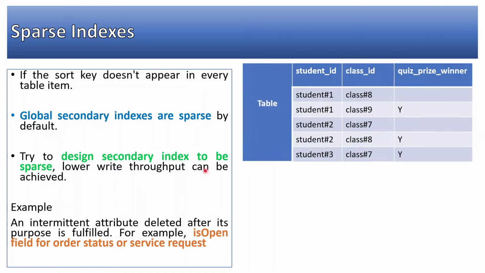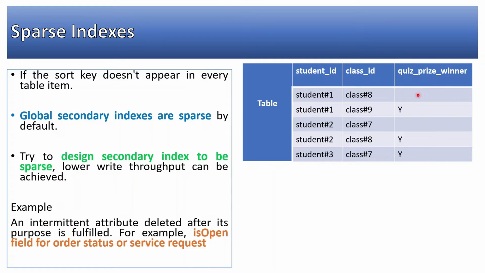Here I have a table which has students data from different classes: student 1 in class 8, student 1 in class 9. Out of these, I have kept a field called quiz prize winner which has value y. So we can say that this attribute is sparse.